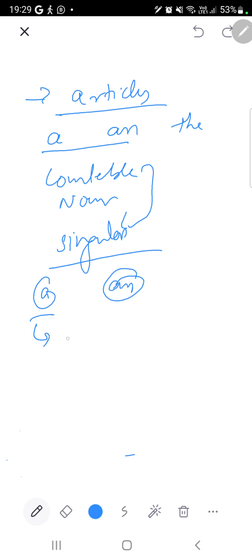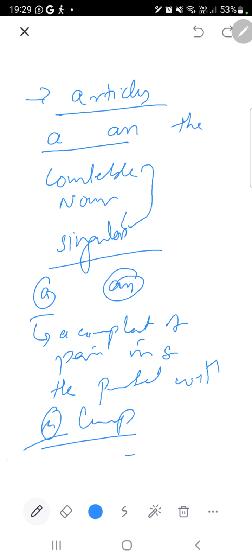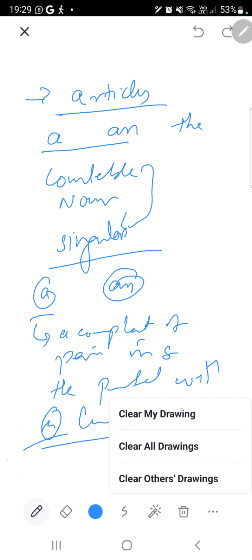Let's say he presented with a complaint of pain in his shoulder. He presented with a lump. So you can see if it's countable, we can use a for that. And if it's countable and it gives a vowel sound, you can use an.